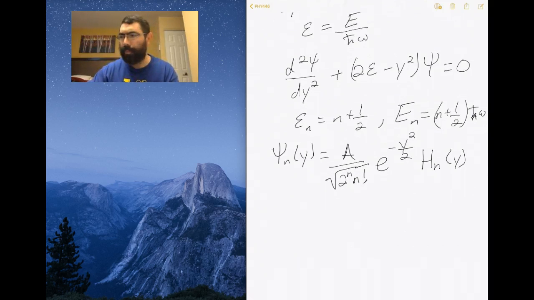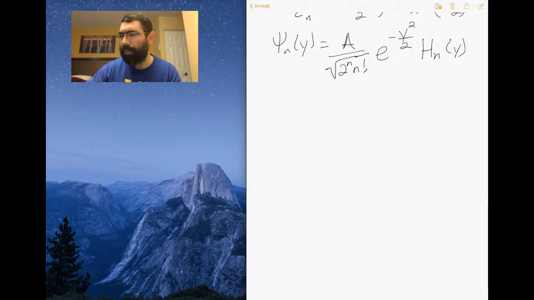But before we do that, let's substitute back in that y is equal to the momentum divided by the square root of h bar m omega.